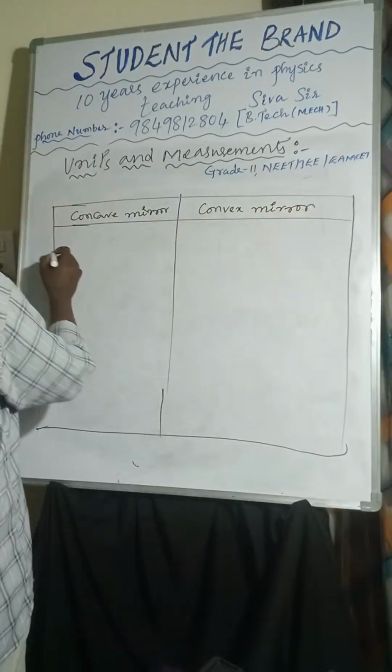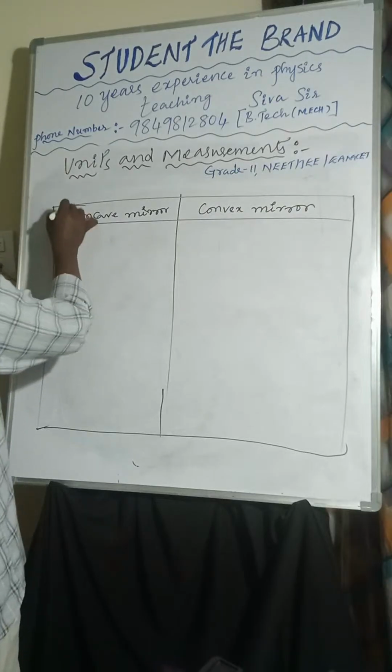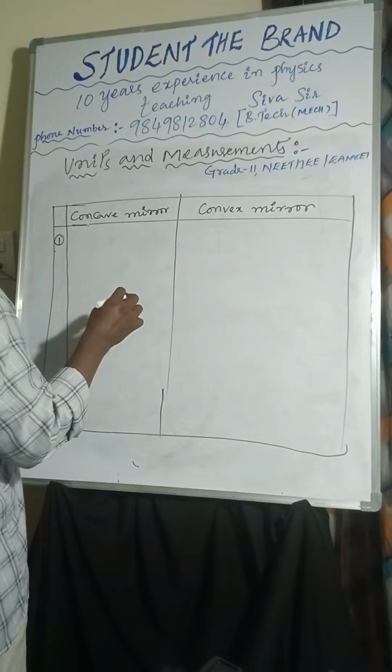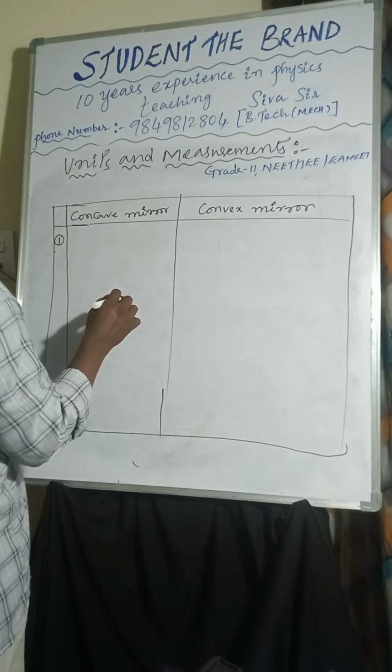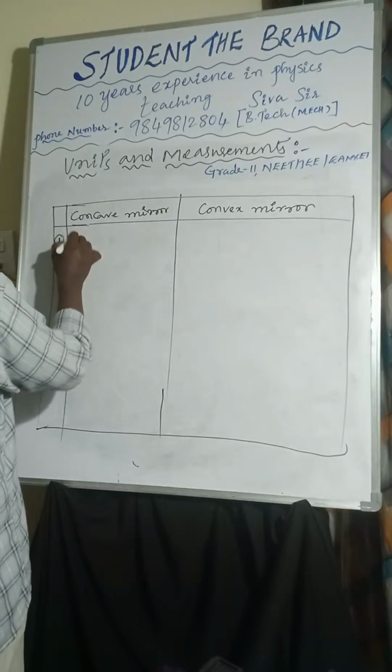Concave mirror and convex mirror. Point number 1: the reflecting surface of a concave mirror is bulged inwards. So the reflecting surface will be inward.